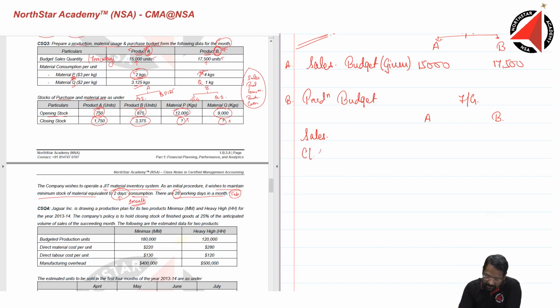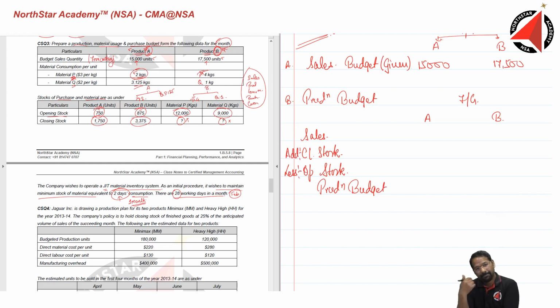C means closing stock, O means opening stock, and the last one is production budget. So sales plus closing stock minus opening stock. Comfortable? Let's jump in and find the figures.